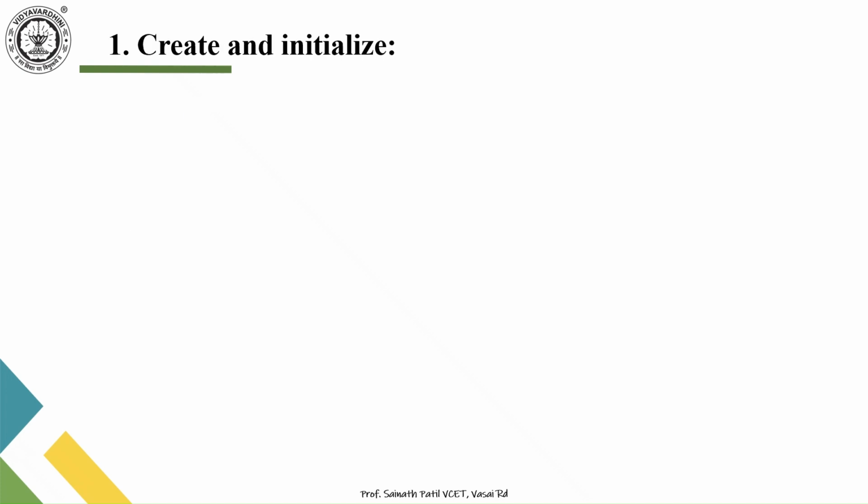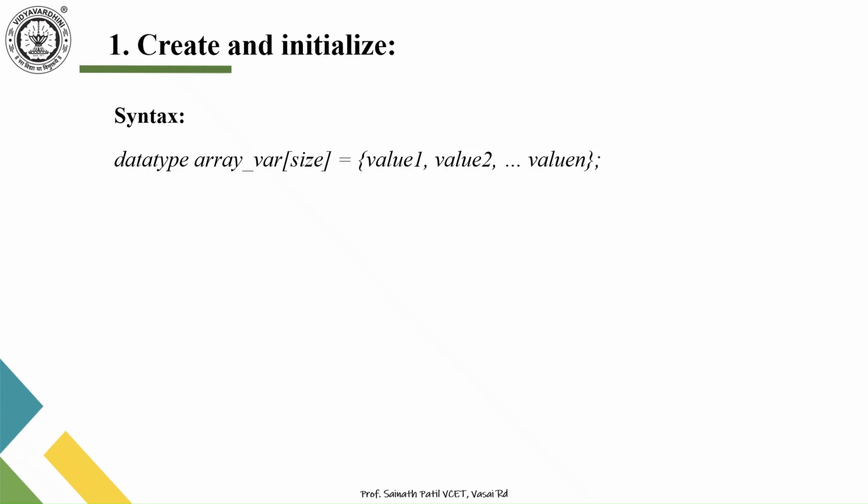Now, the first operation, that is create and initialize array. Syntax, as we know, in terms of C programming, is data type, then array variable name and size, equal to initialized values. They are given in curly braces separated by commas.